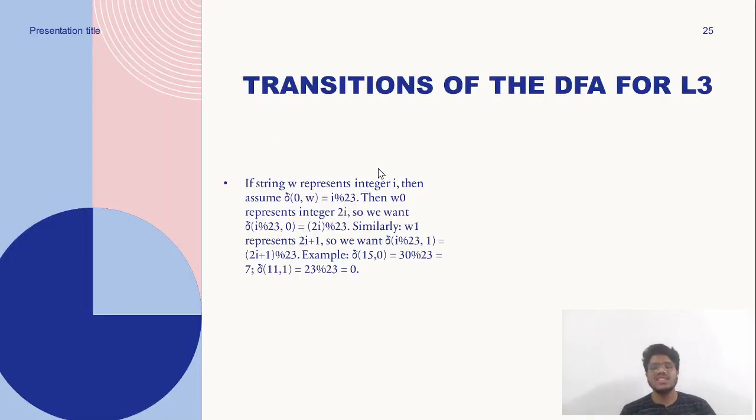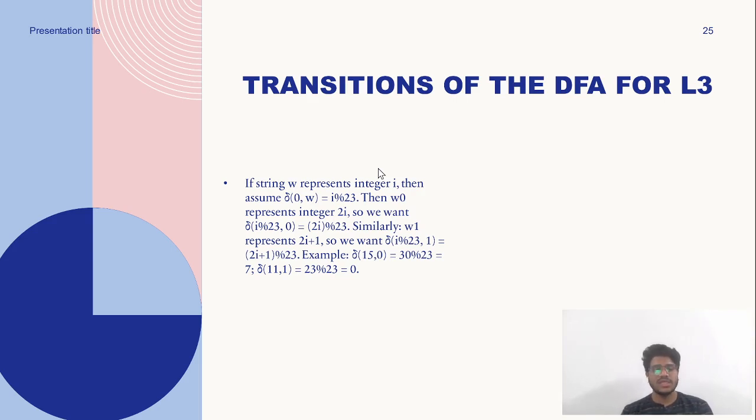Next, the transitions of the DFA for L3. If string w represents integer i, then assume delta(0, w) is i mod 23. Then w0 represents integer 2i. So we want delta(i mod 23, 0) to equal 2i mod 23.